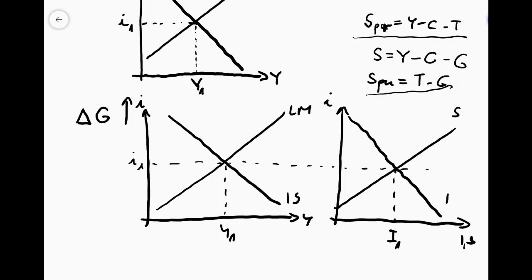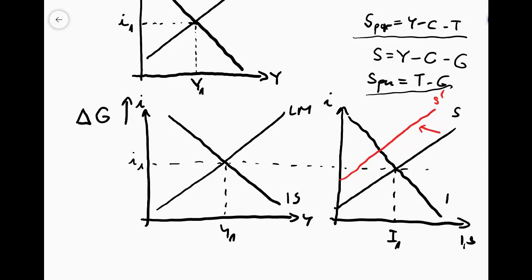So what happens if G goes up while, it is very important, we used the ceteris paribus assumption, meaning that T didn't change. Now in this case, you can see that the public savings decreased. So there must be a negative shift. Excuse me, the slope remains the same, so I'm going to redraw this.